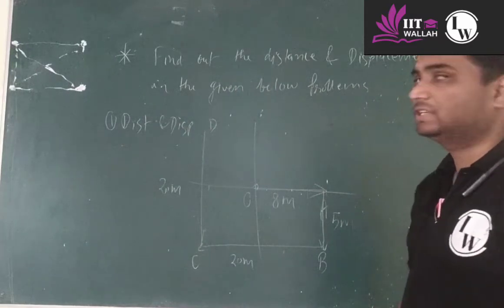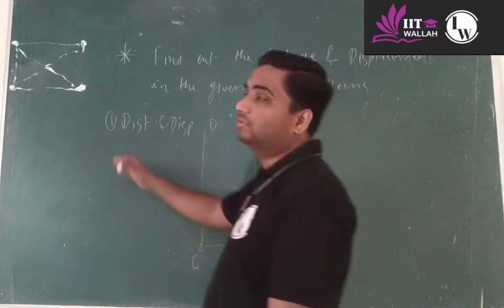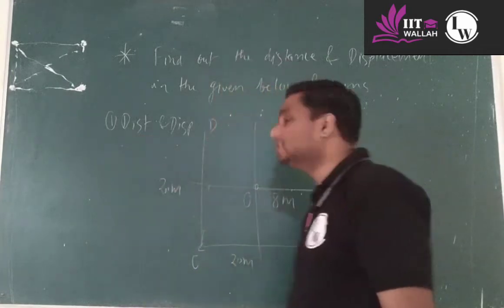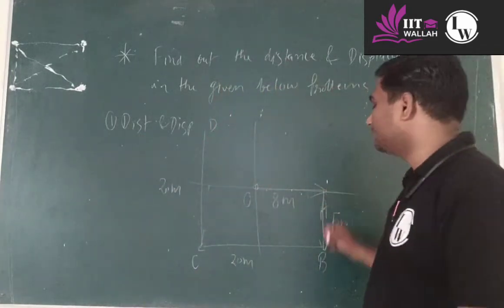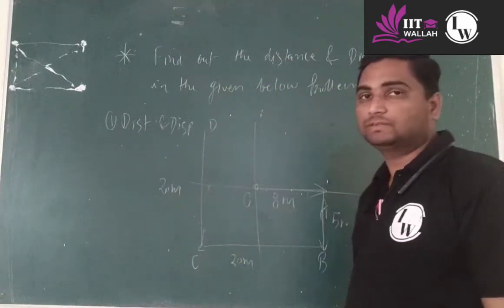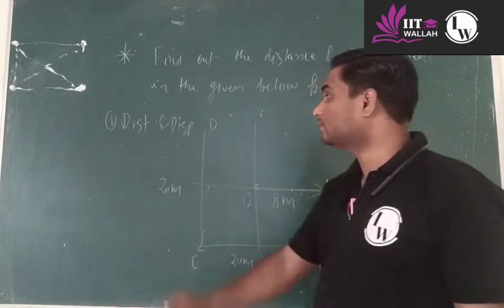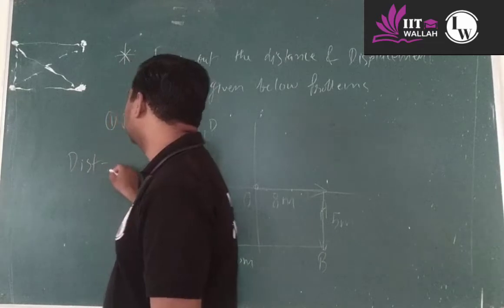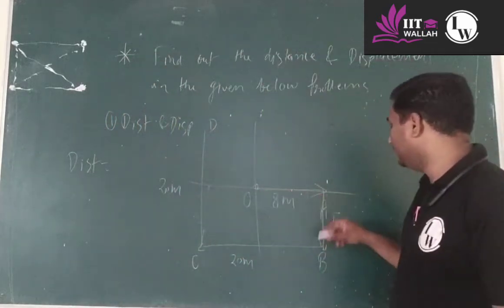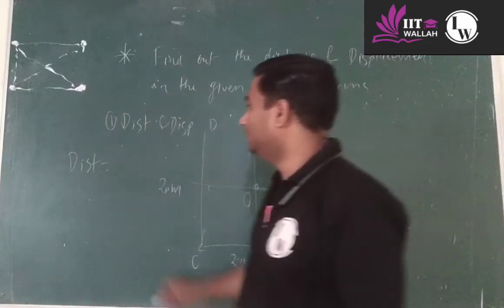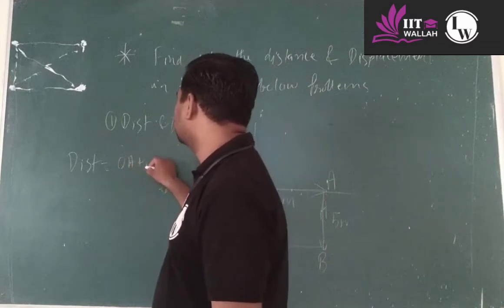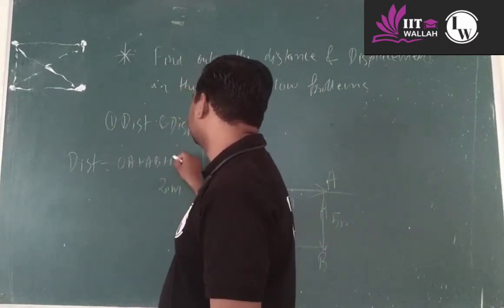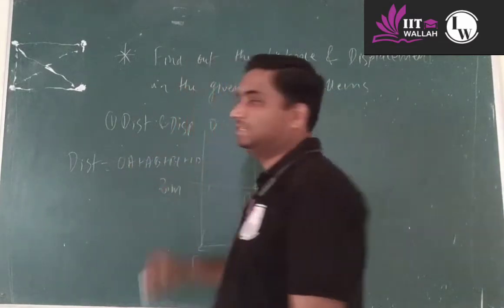First, you have seen how to find the distance. Distance is simply the algebraic sum of all the separate lengths. So distance is equal to OA plus AB plus BC plus CD.